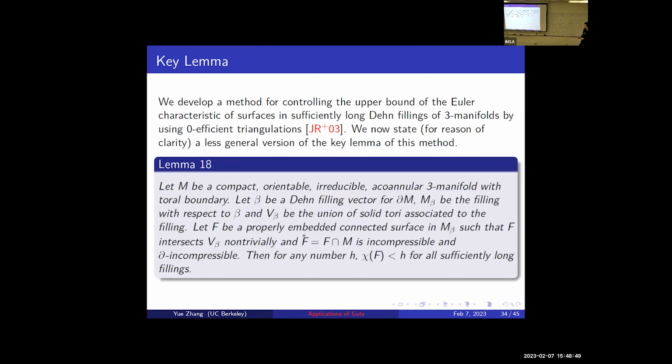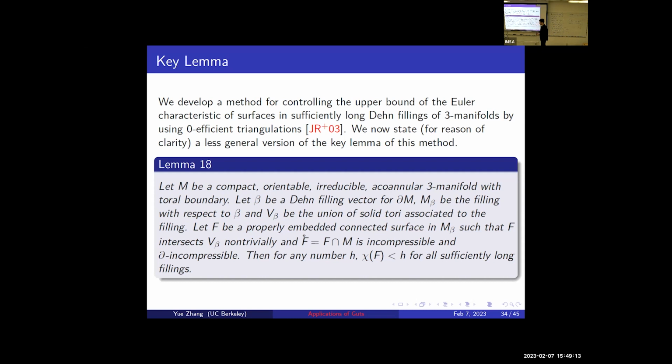What is H? Which one? The chi of F is the Euler characteristic.